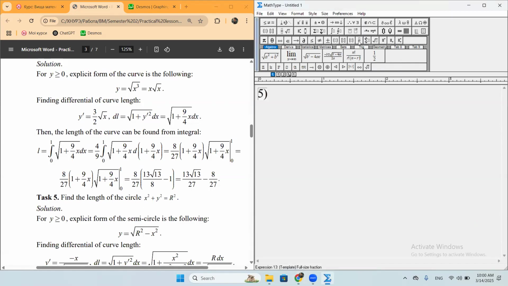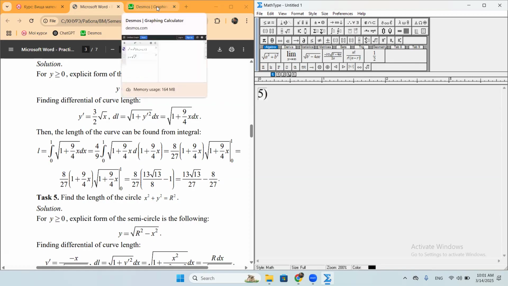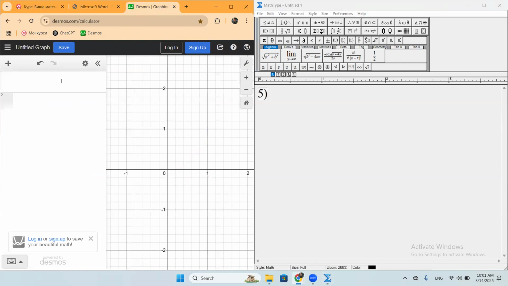Such a hard exercise. Interesting, what could be the length of the circle? But let's calculate it.